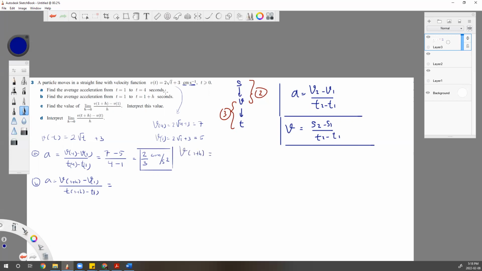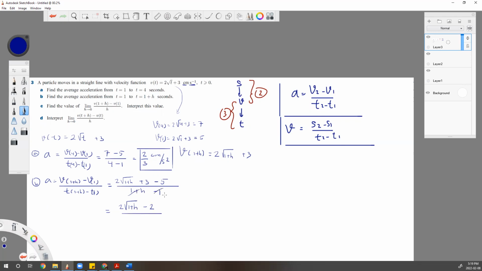So V1 plus H, what is it? 2 square root of 1 plus H plus 3. It's quite simple, but not as simple as what we see right now. So 2 square root of 1 plus H plus 3, minus V1, which is 5, over H. 3 minus 5 is minus 2, right?